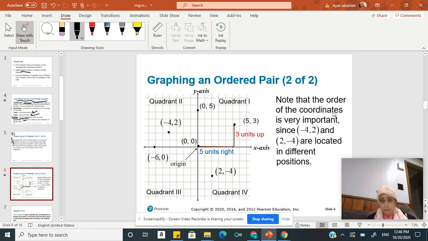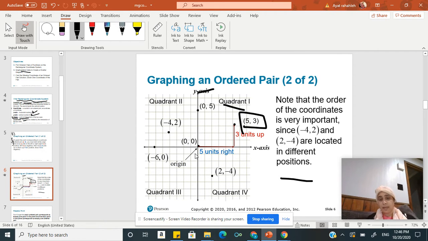Note, this is just an order. So let's say this is our y-axis, this is quadrant 1, quadrant 2, quadrant 3, and this is quadrant 4. These are my points. In word language, if I said I went 5 units right and 3 units up, the point would be (5, 3).